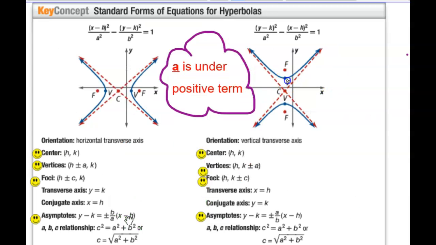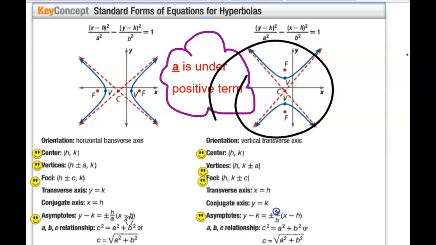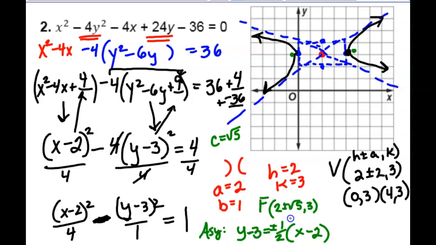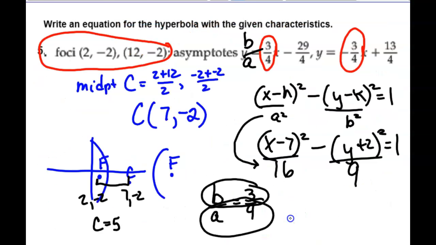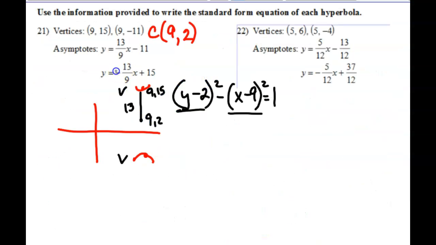And it's opening up and down, then the slope is a over b right there. Okay, no, I know, you're with me. So this is a over b. So a squared would be 13 squared and b squared would be 81.